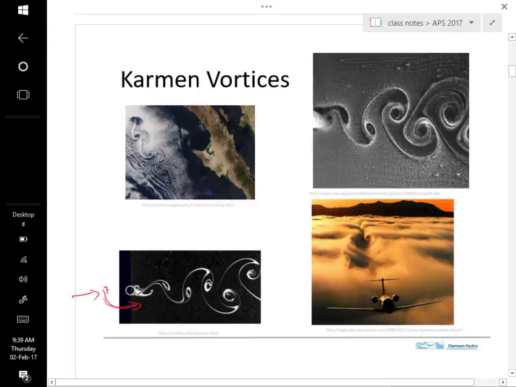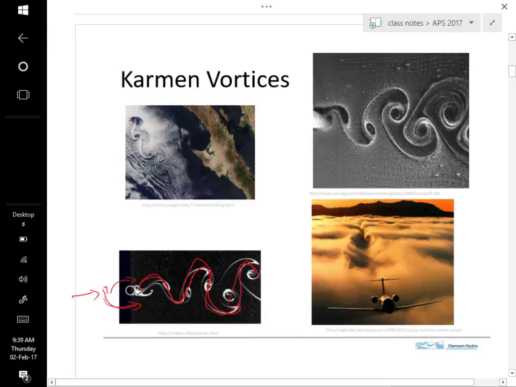It goes around on one side, and then the pressure field gets perturbed, and it then becomes more favored to go around on the other side. So it forms this oscillatory flow, and that results in this pattern of oscillations. You can see that in a gross sense, it's kind of doing this.